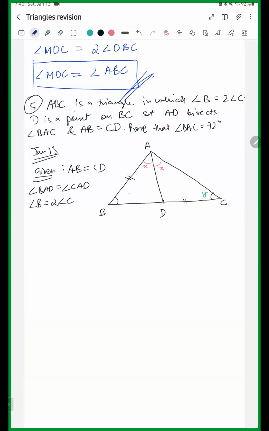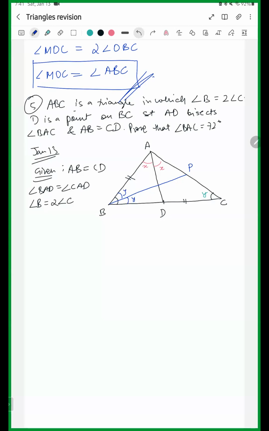Let's say this is P, such that this angle is equal to this angle. If this is being bisected, that means this will be Y and this will be Y, because this entire angle was 2Y.